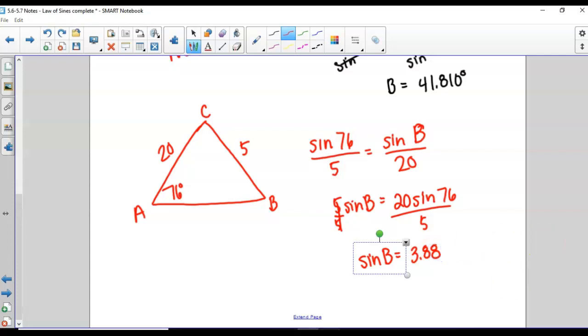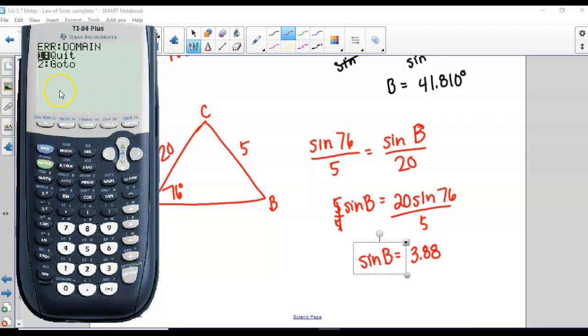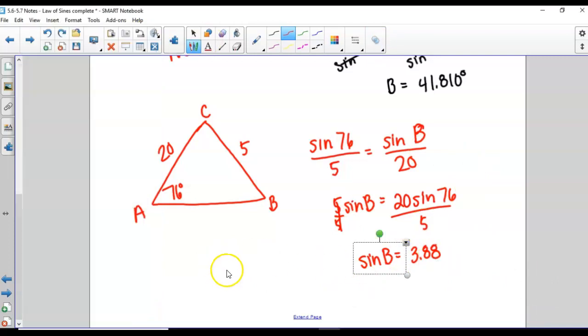Okay, so when I try to do sine inverse of 3.88, I get an error for this. That's normally what happens when it's none. So we set everything up correctly here. When you try to do sine inverse and you get an error, the reason is that sine is opposite over hypotenuse. What do we know about the hypotenuse?